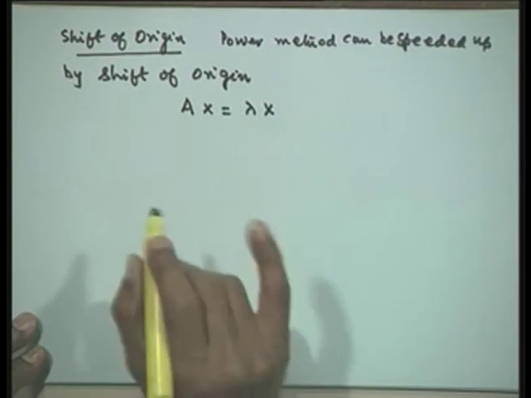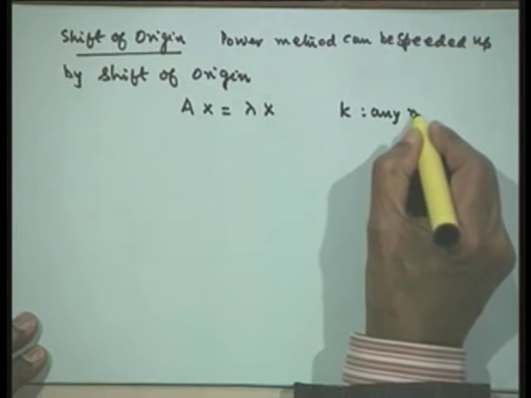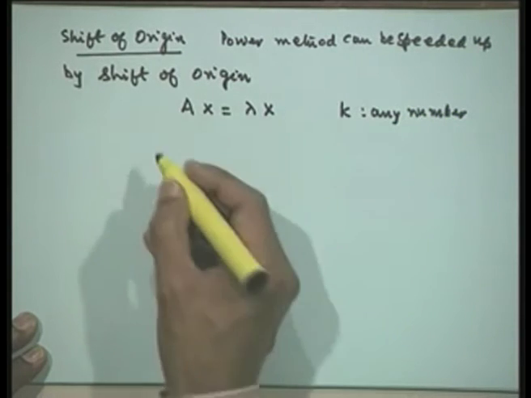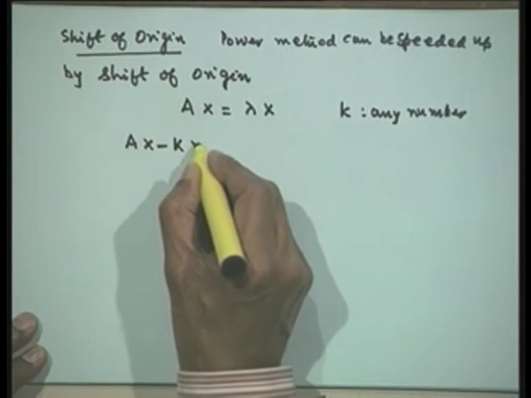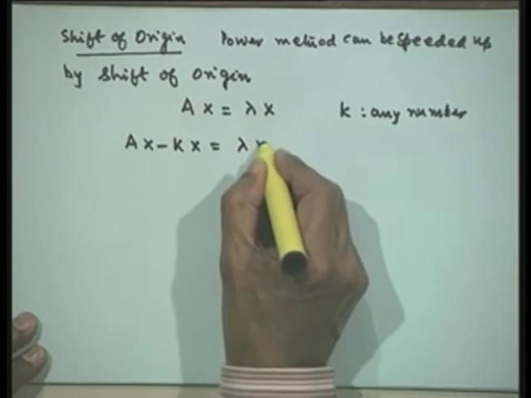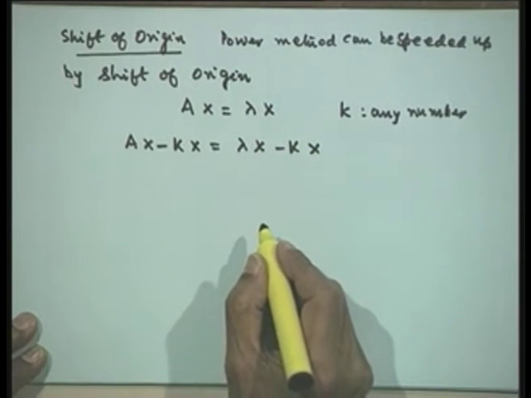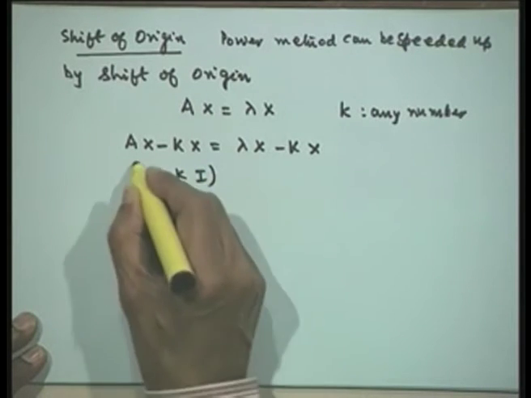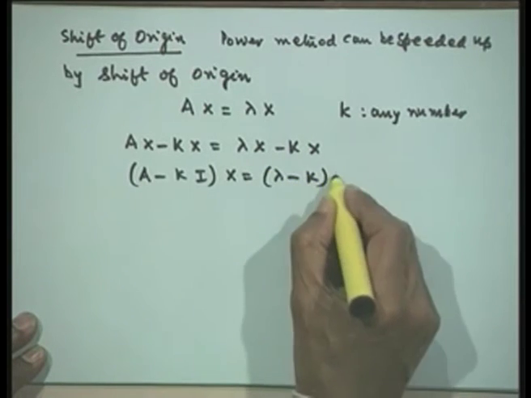and let us take k as any number. Then let us subtract k x from both sides: A x minus k x is lambda x minus k x. That means (A minus k I) x is equal to (lambda minus k) x.